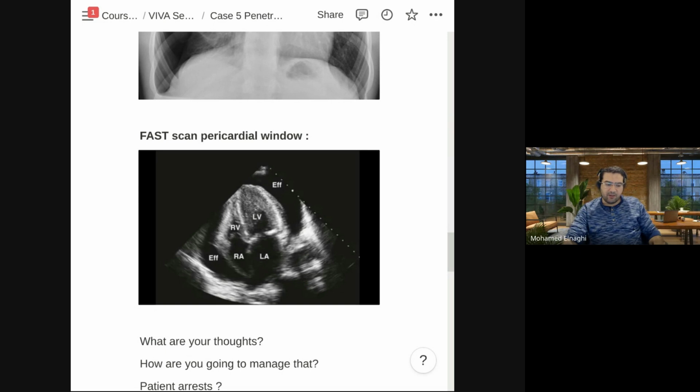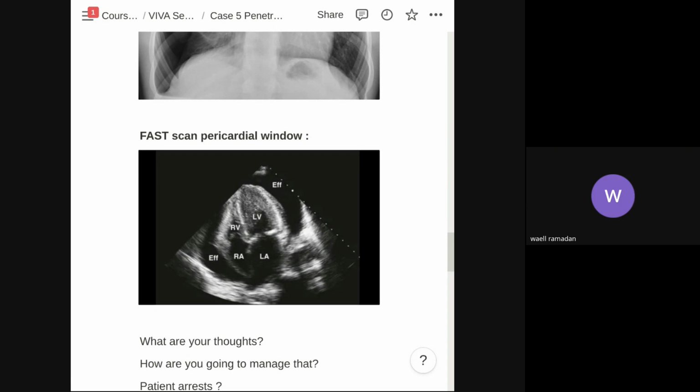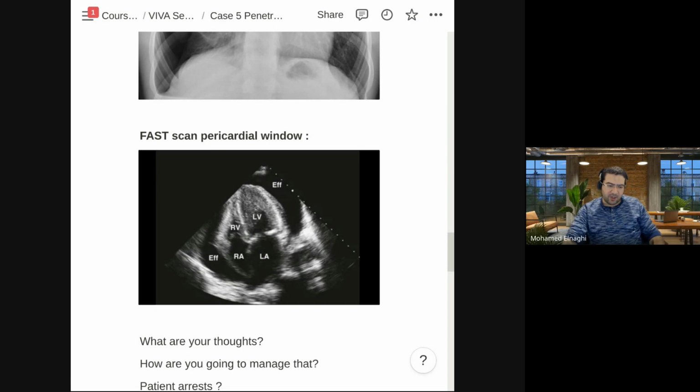So how much blood volume does it take to accumulate around the heart to start giving a clinical effect of cardiac tamponade? I think maybe 150 mils. I don't know. Yes, it's about 50 ml. If you reach 150 ml, a patient will develop cardiac arrest.